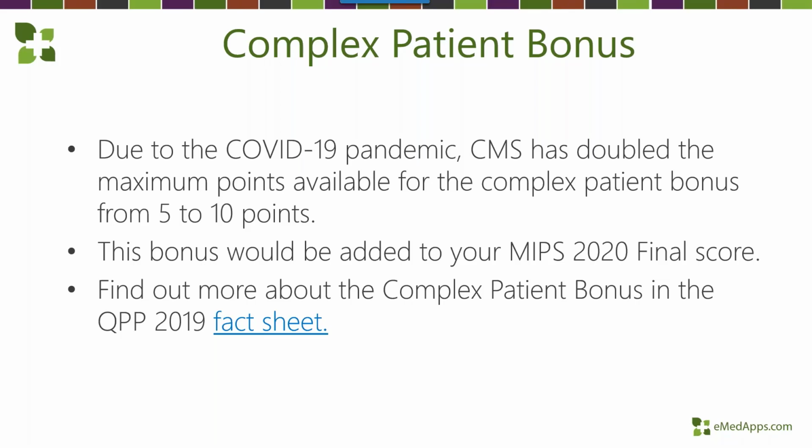And again, I have included a fact sheet on the complex patient bonus so that you're able to review that information and see if that's also something you would be able to take advantage of, and get prepped for during this time leading up to our attestation. So next slide.